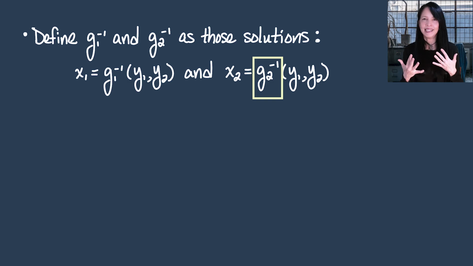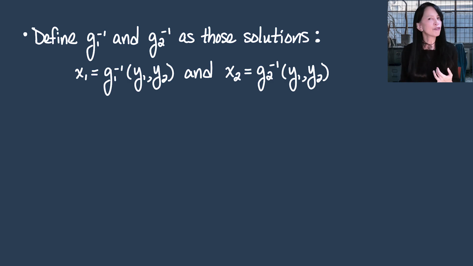Something simultaneous is going on here. Once you solve for little x1 in terms of y1 and y2, I'm going to call that function, it's just a name, G1 inverse of y1, y2. Same thing for x2: once you solve for it in terms of little y1 and little y2, I'm going to call that function G2 inverse of y1, y2.